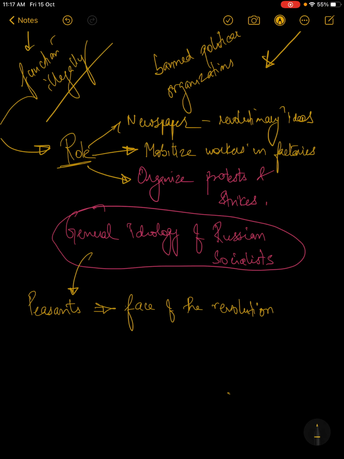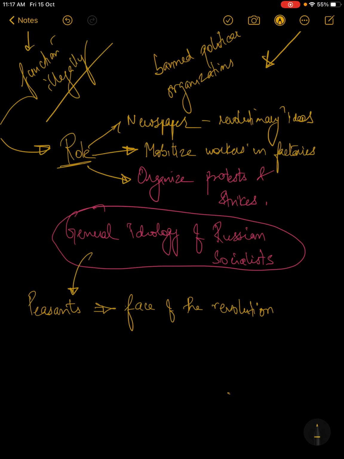Mir was a socialist concept in which a group of workers in a particular commune got together, pooled in their land resources, and then divided the land based on the individual needs and requirements of the different farmers that were a part of that commune.